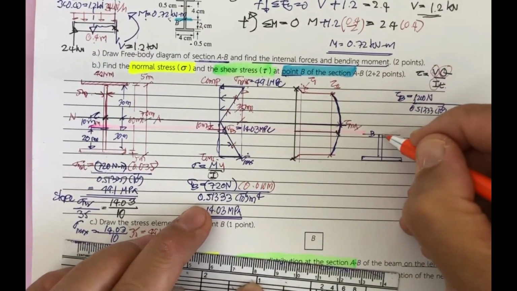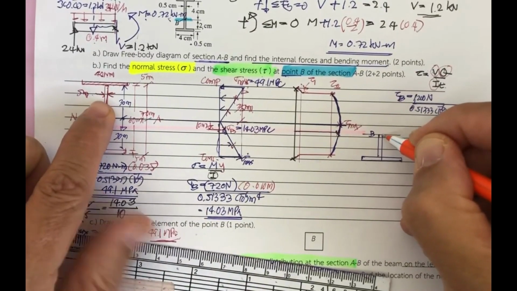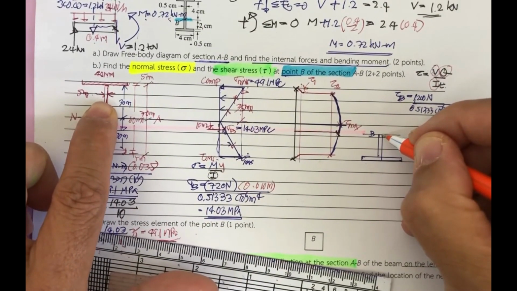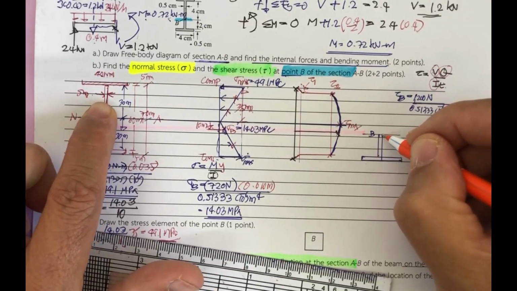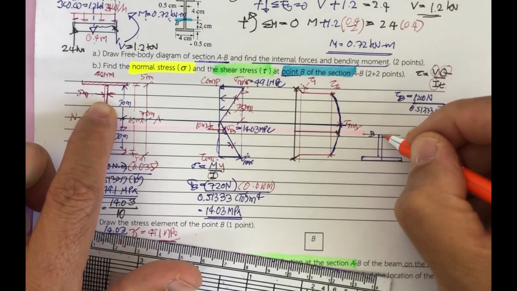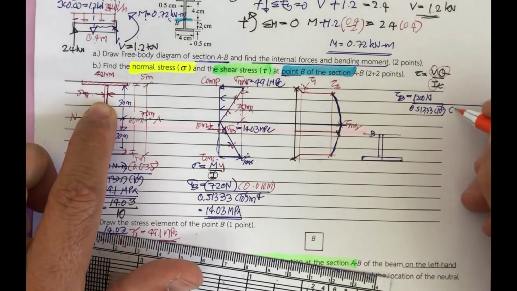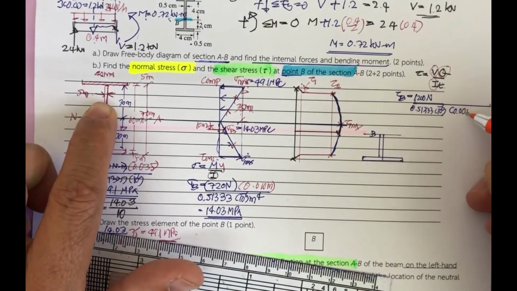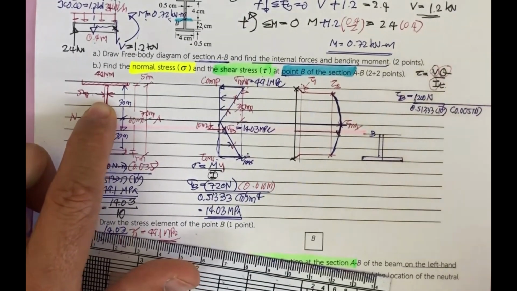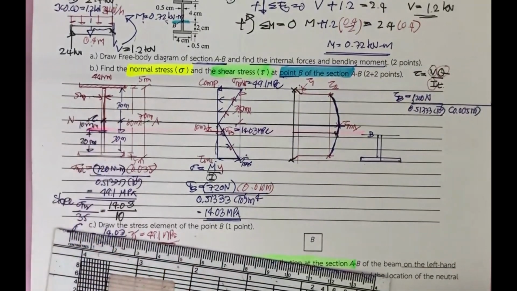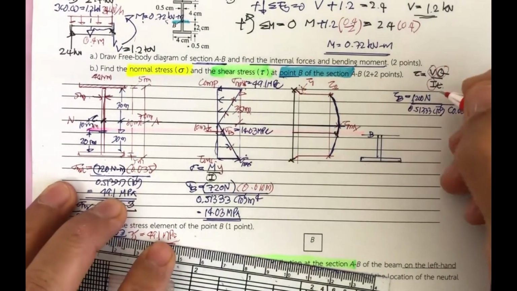And this thickness is only 5 millimeter, so the divider is going to be 0.005 meter. And the last one that we are looking for is the Q.